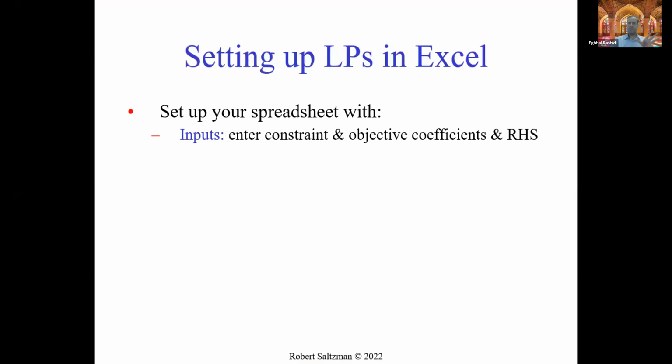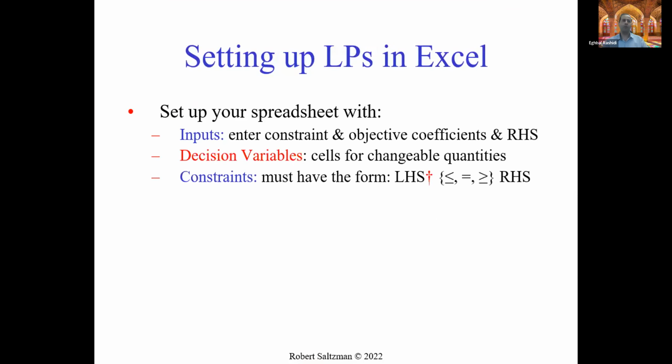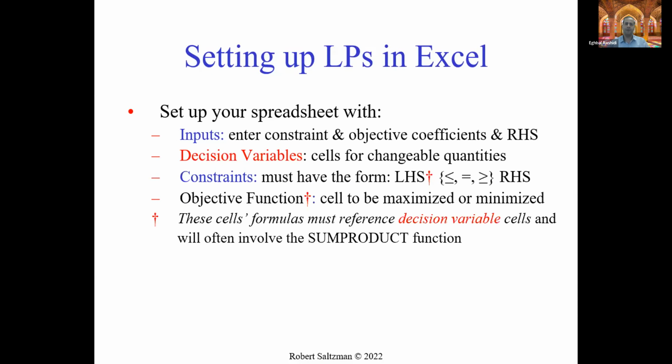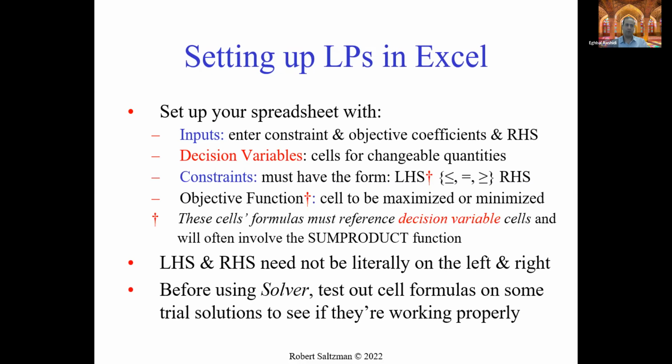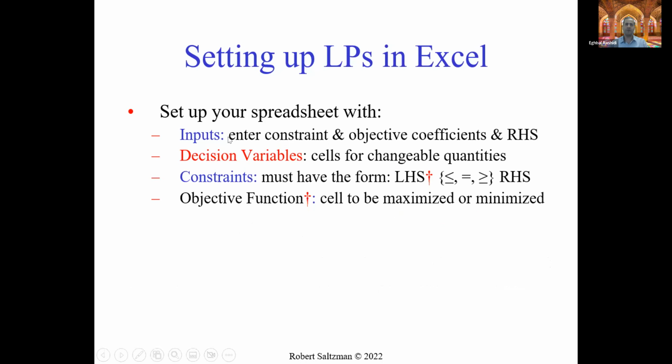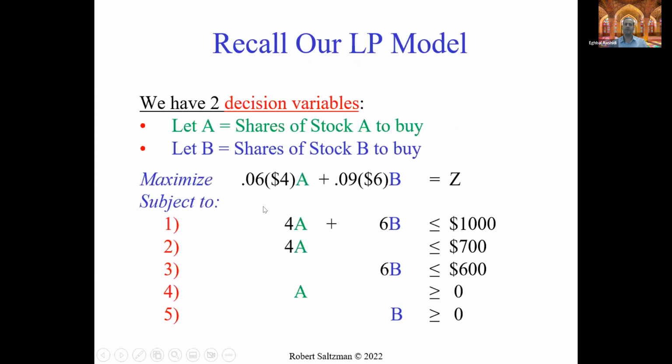So this is just description of what we already did in Excel. So I'm not gonna go over all of those. By the way, LHS stands for left-hand side, RHS stands for right-hand side, and left-hand side is just the values on the left side of the inequality in your constraint. Okay, so if I go to these constraints, this is the model.